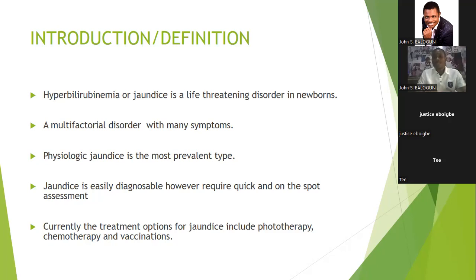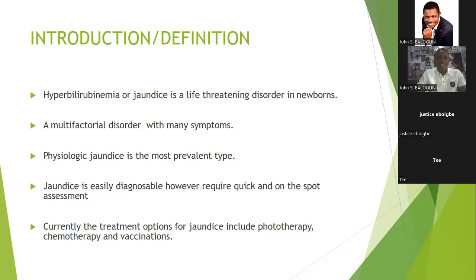If it's up to the chest, the abdomen, the thigh, or the leg, all of those can tell you that this jaundice is at a particular level. By the time you are seeing jaundice up to the leg, that is likely the most severe form, in which you may have to do a rescue intervention, which is usually exchange blood transfusion.